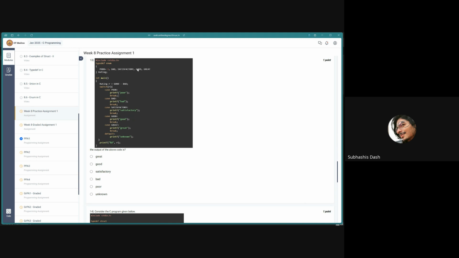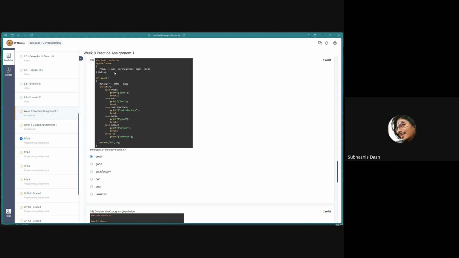Sorry, this is 0, 1. I think good may be the correct answer. Answer is telling that is great, but it is correct great, but instead of great it should be great 2, because one printf statement is also in the last printf with percent d and r. The value of r will be 2, so it also prints the integer also.